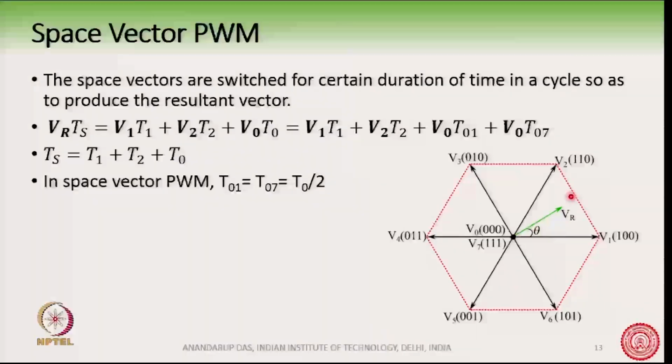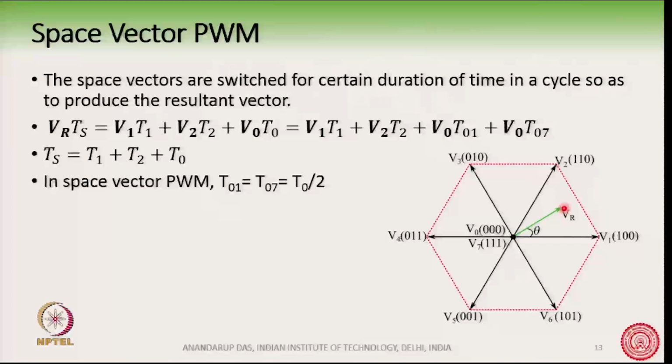So, basically we are adding weights to the three corners of the triangle, and these weights are the time for which these vectors are applied. For example, T1 by Ts is the weight which is being applied on the vector V1. Similarly, T2 by Ts is the weight of V2 and T0 by Ts is the weight for the 0 vectors. So, the resultant Vr will accordingly move depending on how much weight you add to these three corners.